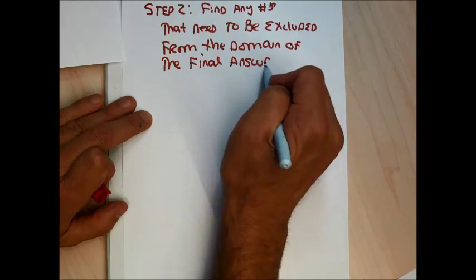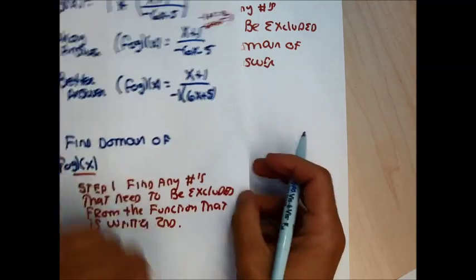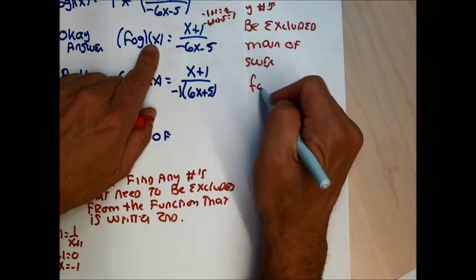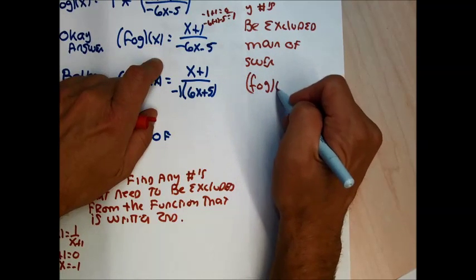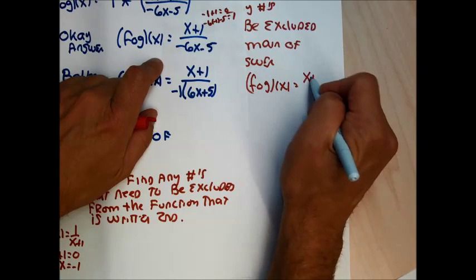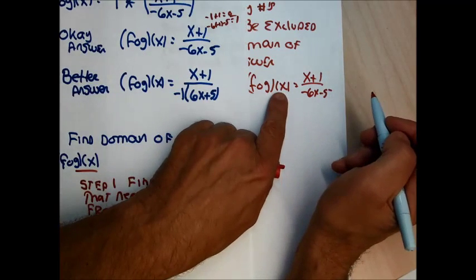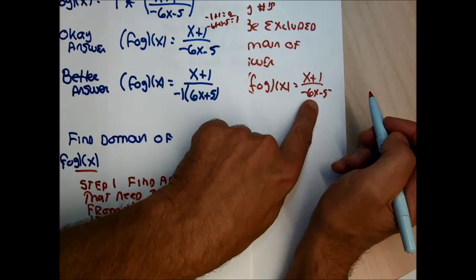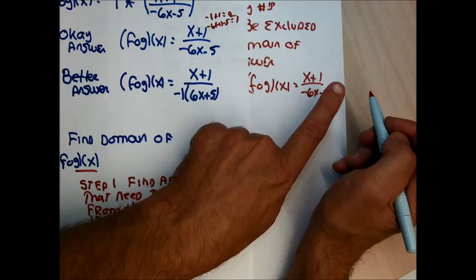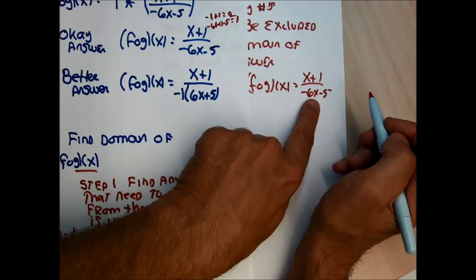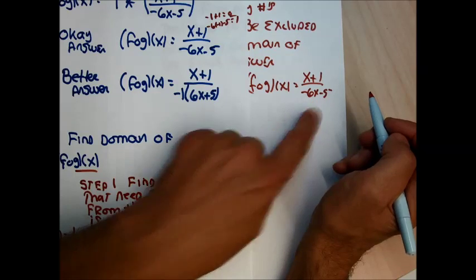And one of my final answers, I'm going to do the okay answer. One of the simplifications of it was x plus 1 over minus 6x minus 5. If I put a value in for x here to make that denominator 0, I'm going to get undefined. So any number that makes this fraction's denominator 0 needs to be thrown out of the domain also.